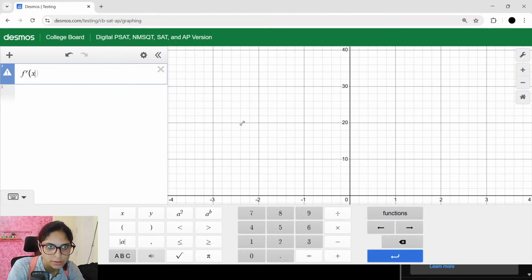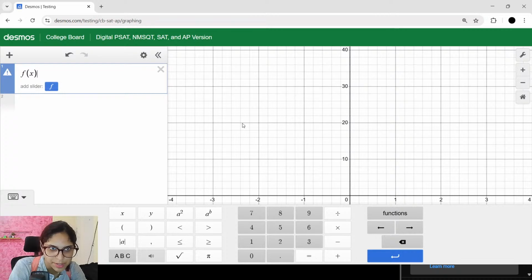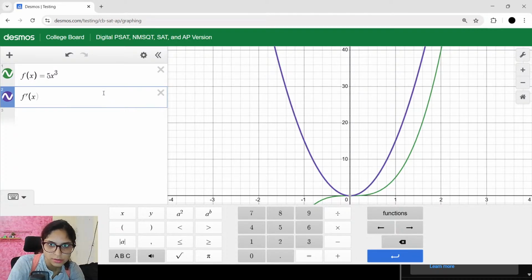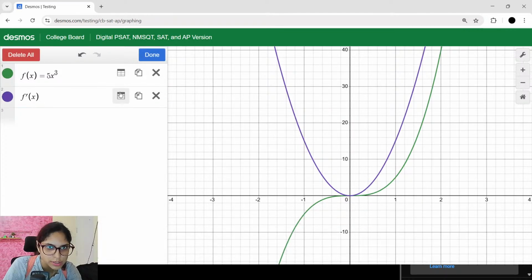Now, how will f derivative work? First you write what is f of x. For example, I specify f of x is 5x cubed. Now if I write f derivative of x, you can see the function of the derivative. And if you want to see the values, you can create a table of the derivative. You can create a table of the normal function.